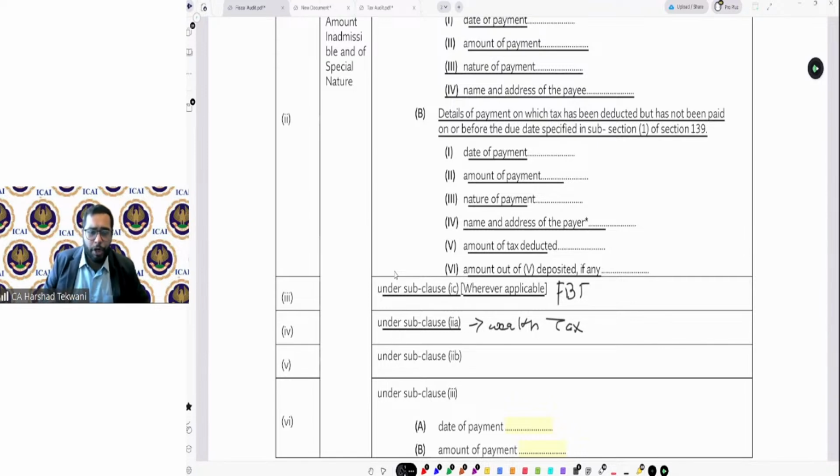That amount will be reported over here. Royalty or charge levied by state government.